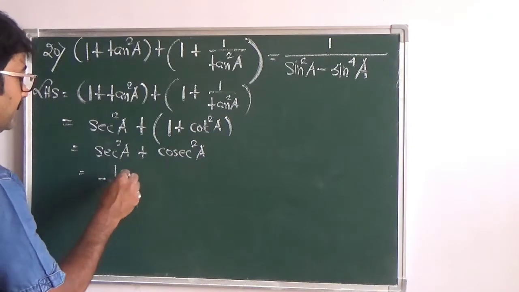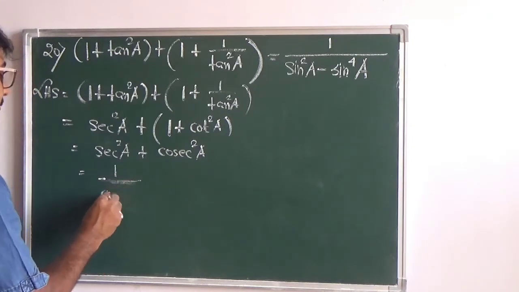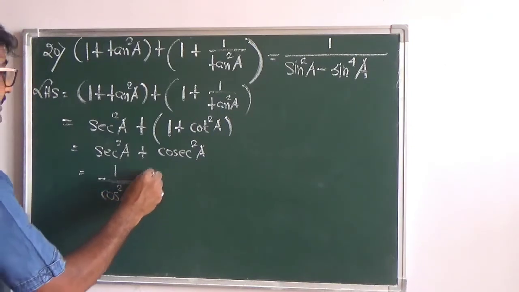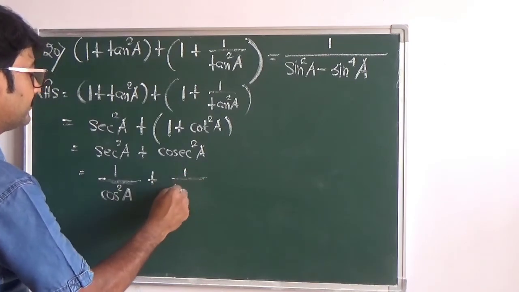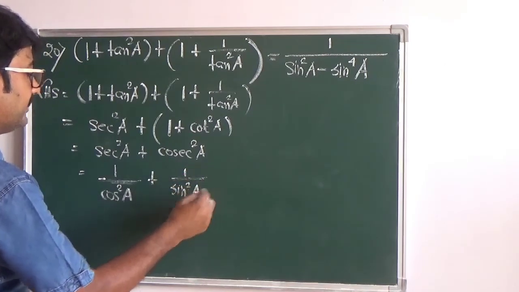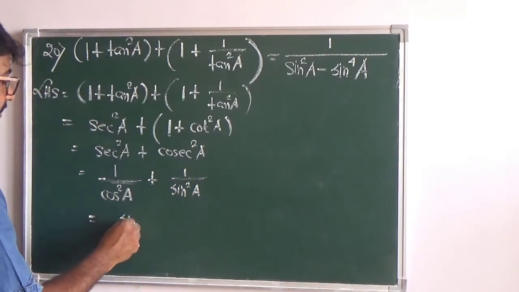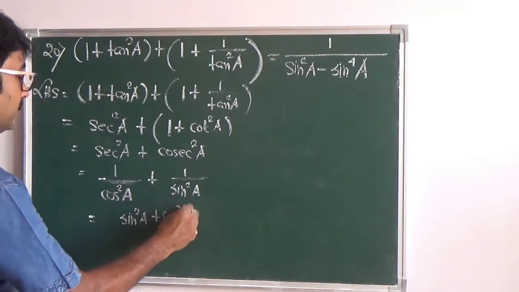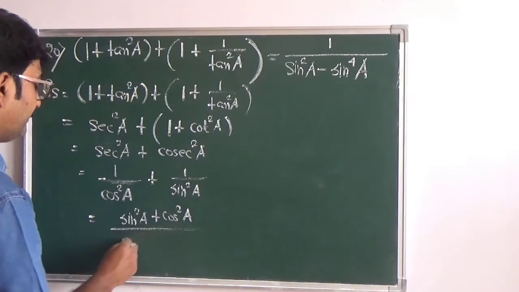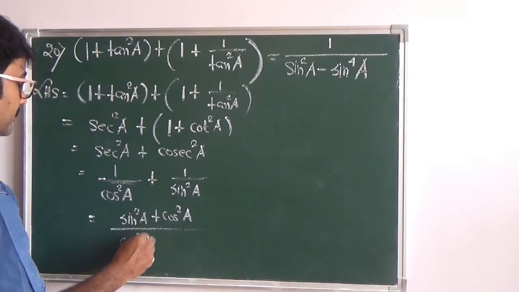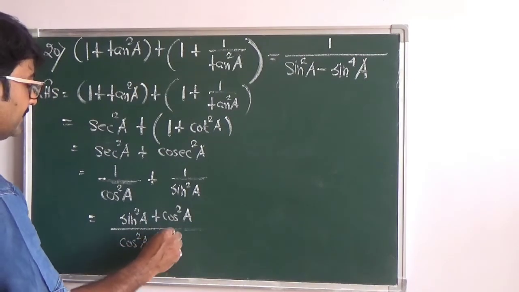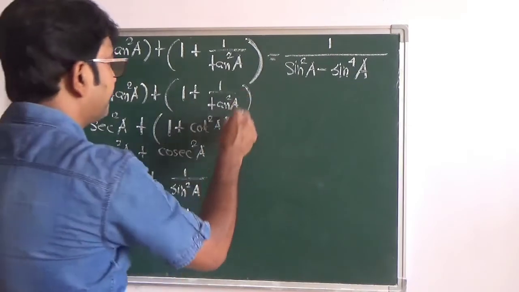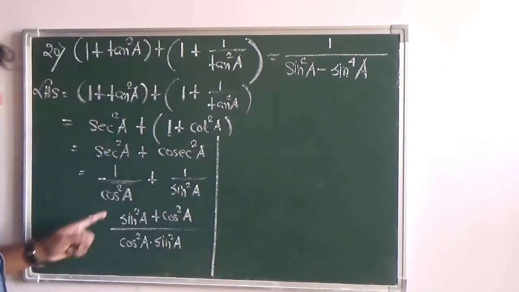Now since we have the answer in terms of sine, let us write sec square A as 1 by cos square A plus 1 by sine square A. So we take the LCM, we have sine square A plus cos square A divided by cos square A into sine square A. So sine square A plus cos square A, the numerator becomes 1.